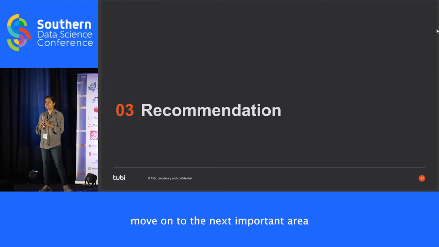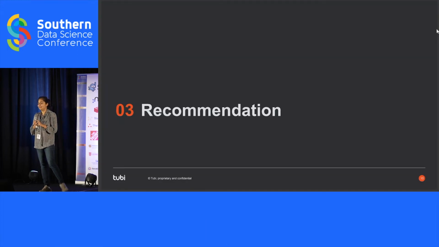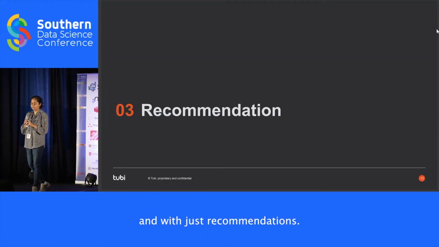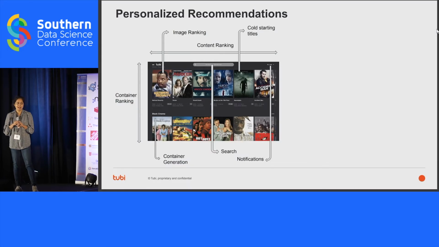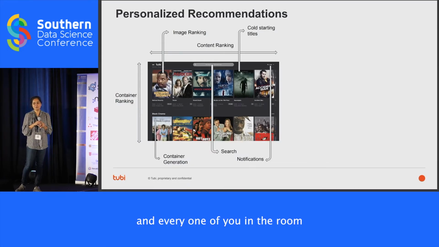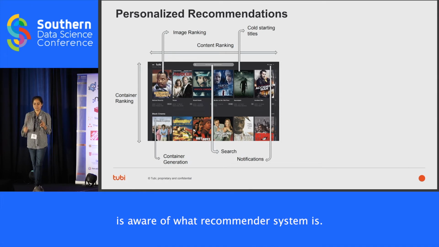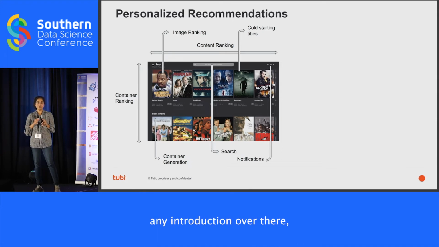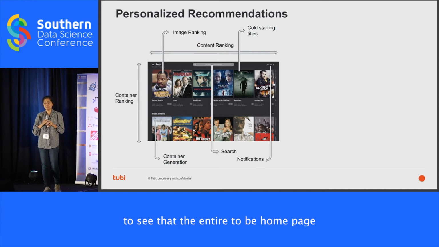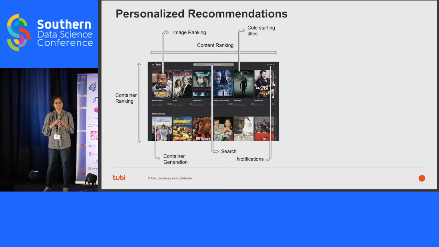So let's move on to the next important area where machine learning can help, and which is recommendations. I'm very sure each and every one of you in the room is aware of what a recommender system is, so I don't need to give you any introduction there. But I'm very proud to say that the entire Tubi homepage is generated by machine learning.